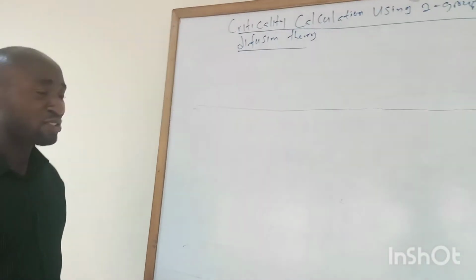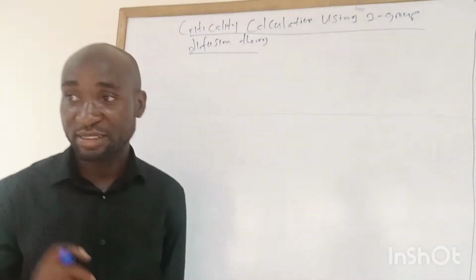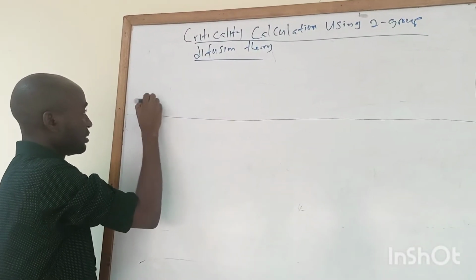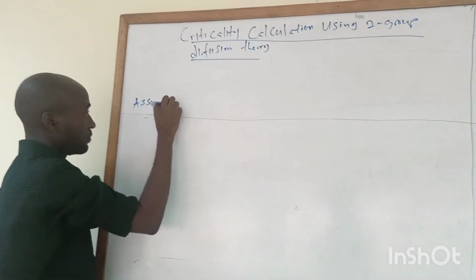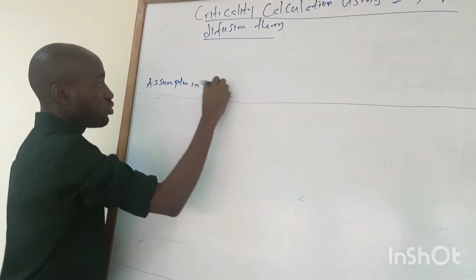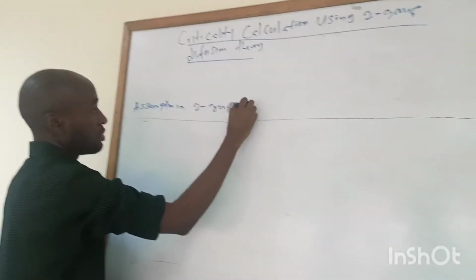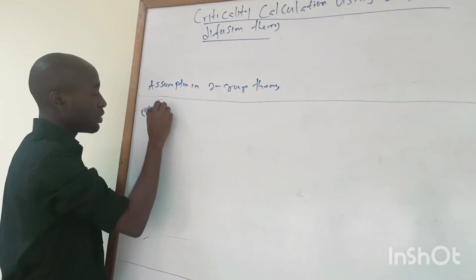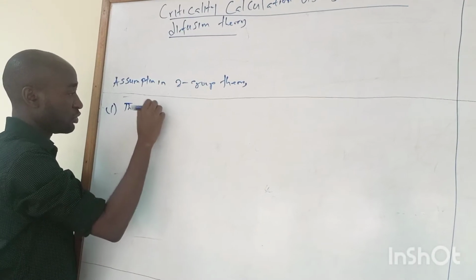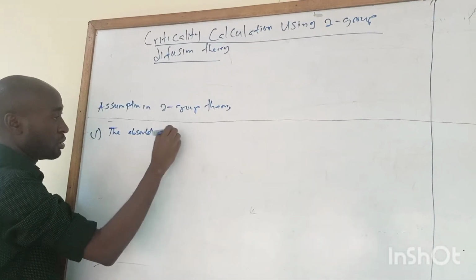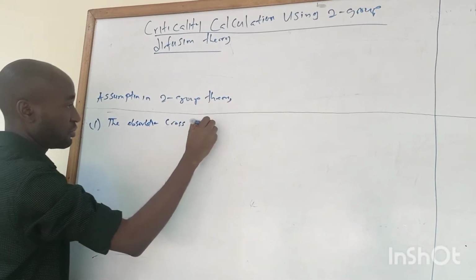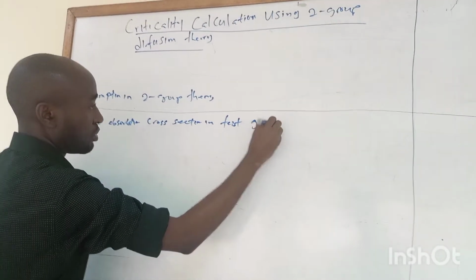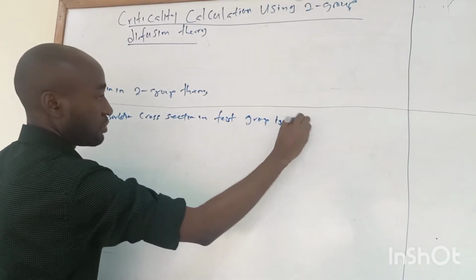We are going to make some assumptions in two-group theory. First, the absorption cross section in the fast group is negligible.